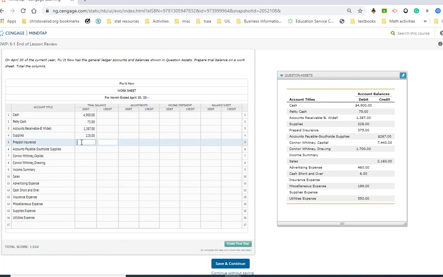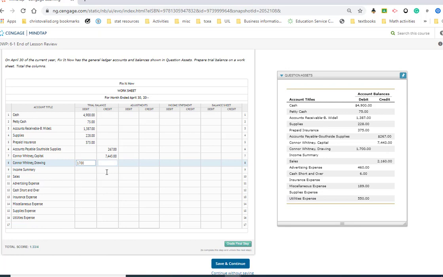And then prepaid insurance is $375. Accounts payable, Southside Supplies, was $267. Our capital account was $7,443. Our drawing account was $1,700.